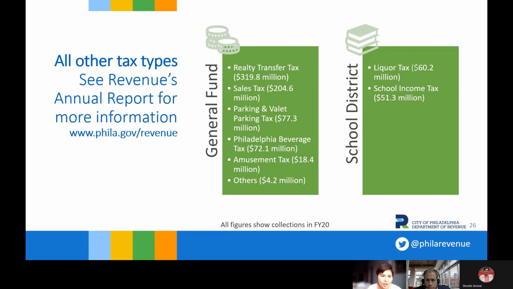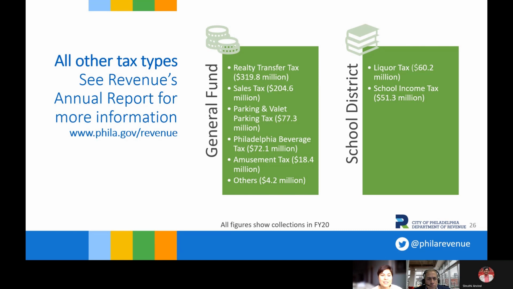So for example, for the general fund, we also have the realty transfer tax. That is for when you buy or sell a property, there's a tax imposed on the sale. And then of course we all pay sales tax whenever we buy anything retail at the store. You've probably seen parking and valet tax, especially if you've parked downtown or at the airport.